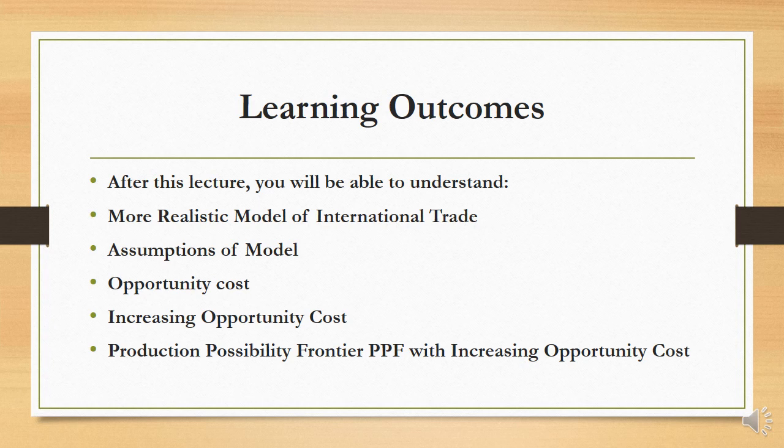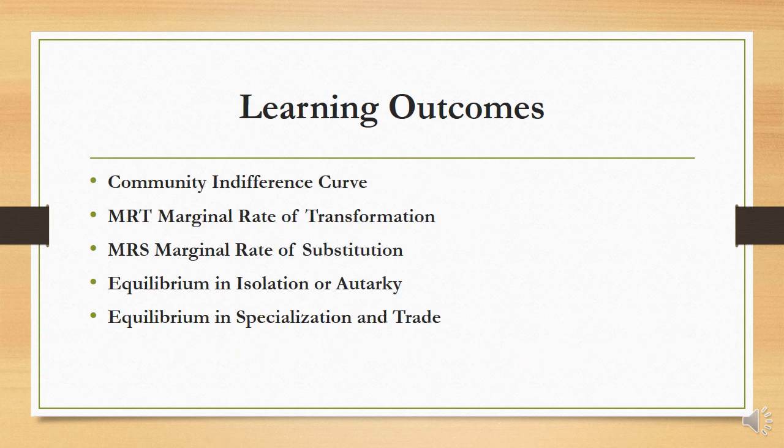After this lecture, you will be able to understand a more realistic model of international trade, assumptions of the model, opportunity cost, increasing opportunity cost, production possibility frontier, PPF with increasing opportunity cost, community indifference curve, MRT, that is marginal rate of transformation, MRS, that is marginal rate of substitution, equilibrium in isolation, equilibrium in specialization and gains from trade.